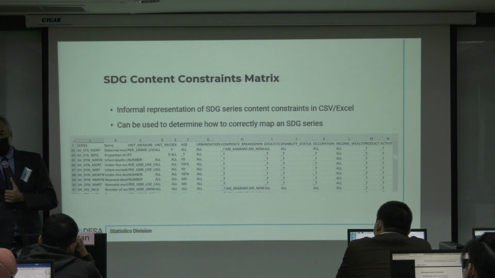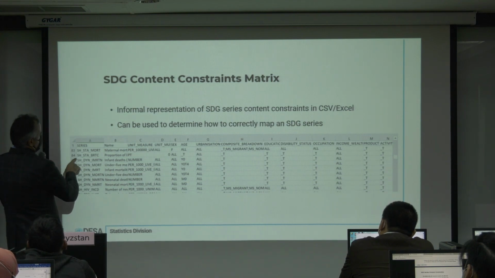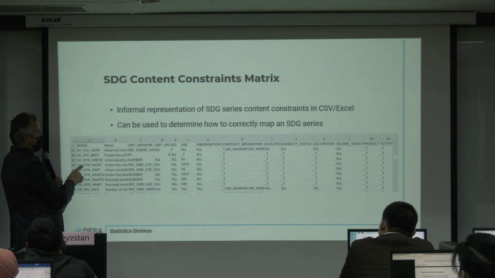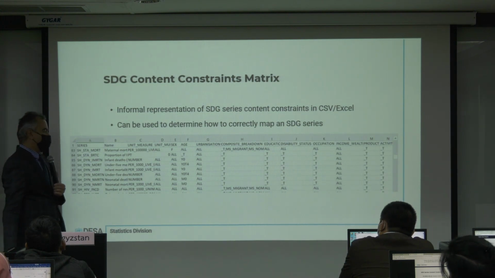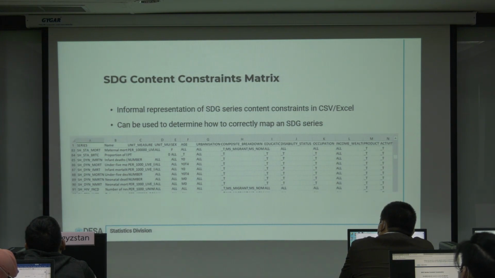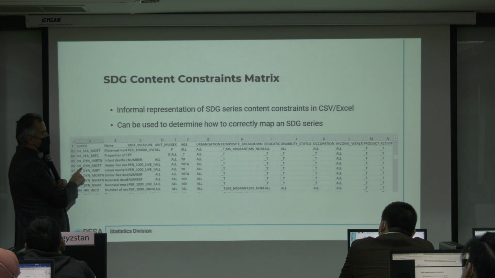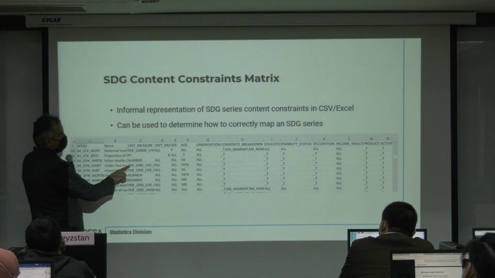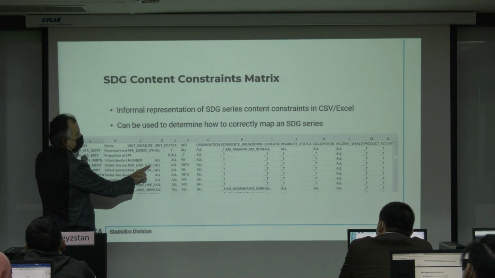So how to use this matrix? Again, we'll cover it in more detail tomorrow. But so you are mapping the series of, let's say, under 5 mortality rate. And then when you look up this series in the matrix, it will tell you that the only valid unit of measure is per 1,000 live births.